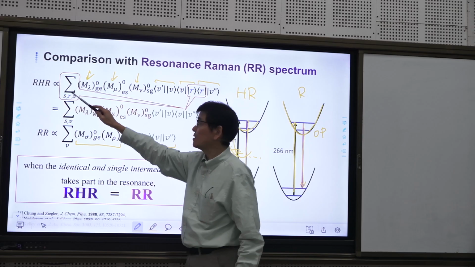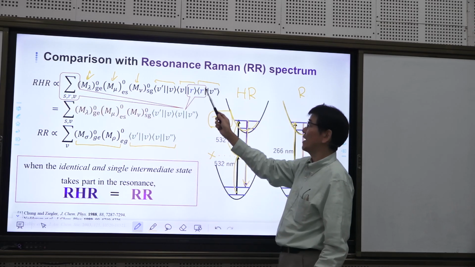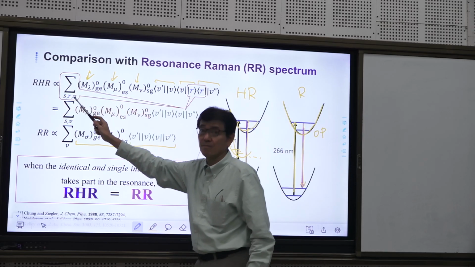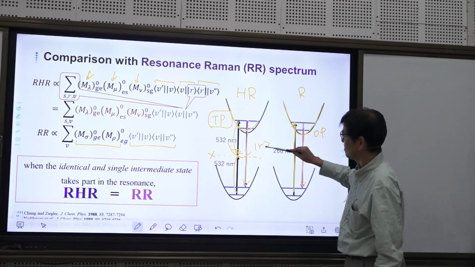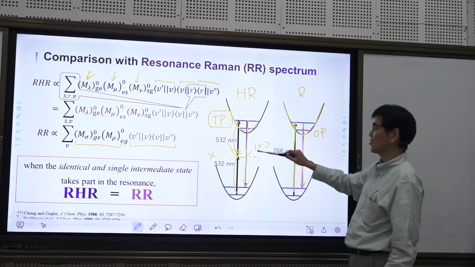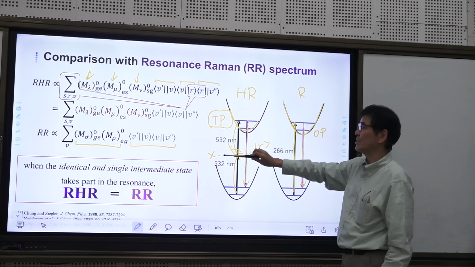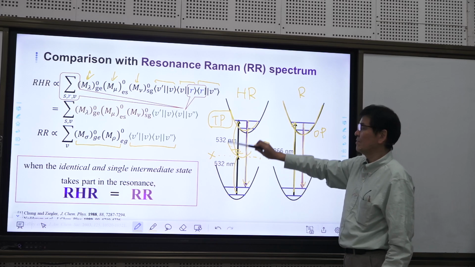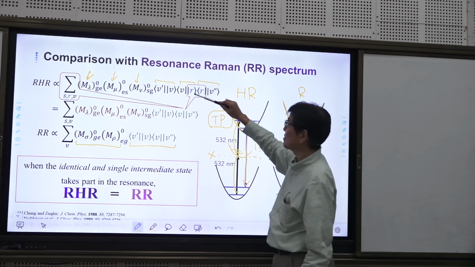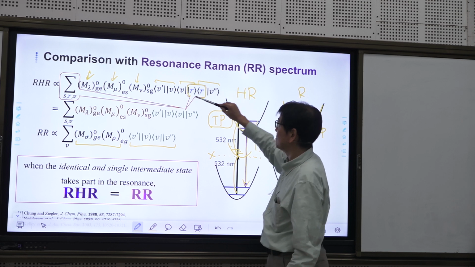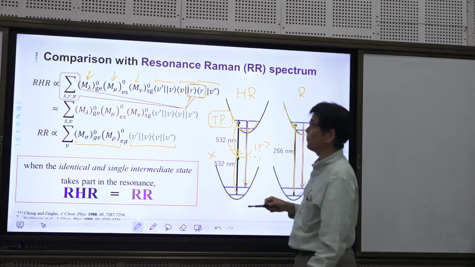So in this case, vibration levels R are summed up, but the vibration wave function R of the virtual intermediate state has no contribution. So we can round this term up to unity.